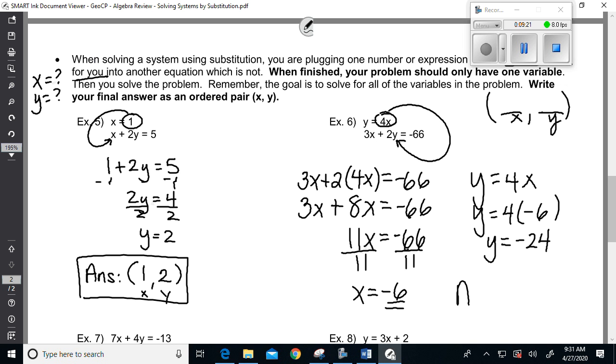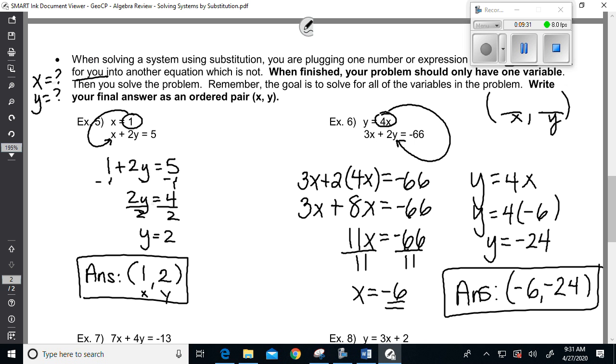So your answer would be negative 6, comma, negative 24. That's that. Problem's over.